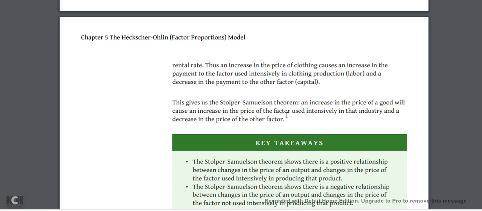What is the factor used in production of steel? It is the capital factor. So the price of capital will increase, that is, the rent will increase from R1 to R2. And the price of the other factor, labor, will decrease from W1 to W2. Okay.